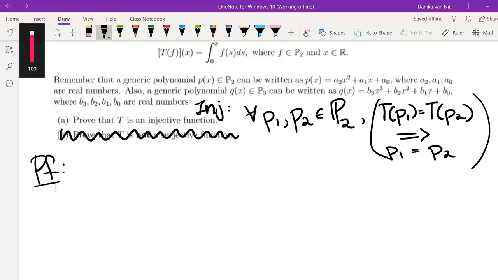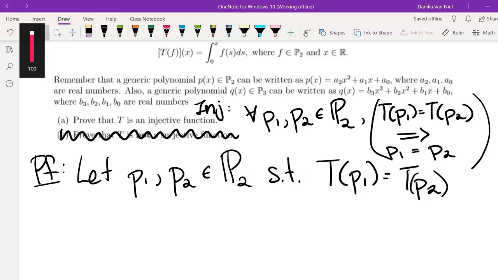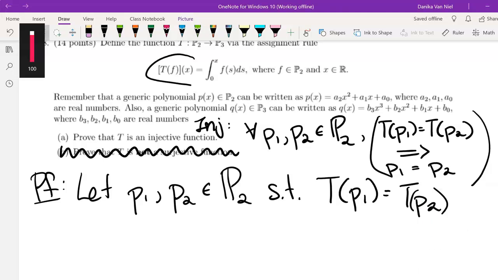We're going to want to start with the if part, right? So let p1, p2 be polynomials of degree 2 or less, including the zero polynomial, such that T of p1 equals T of p2. You might be looking at this and thinking it looks kind of crazy.